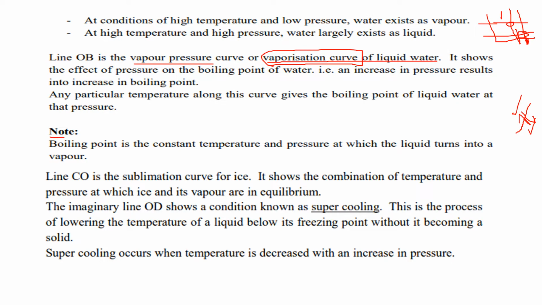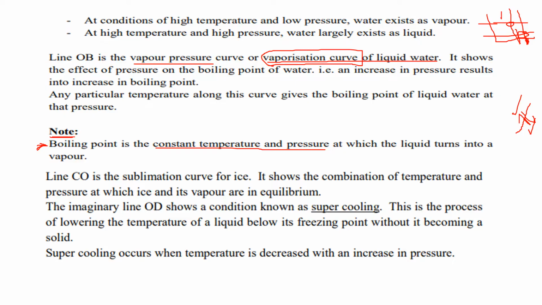I want you to notice that always in physical equilibria definitions, you are going to have this word constant, and it's going to be constant temperature and pressure, like I said before as we are beginning the video. So I'm saying that boiling point is the constant temperature at which the liquid turns into a vapor. So boiling point is always the constant temperature at which our liquid is going to turn into the vapor.